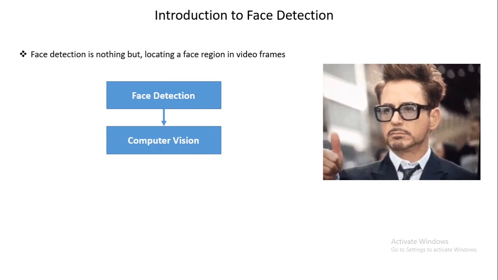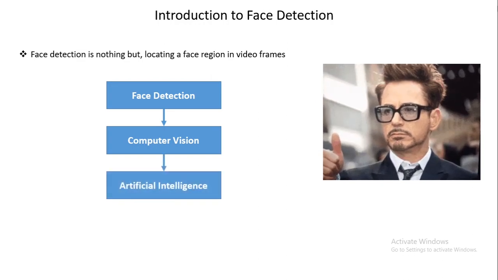For example, if you build an AI program which detects faces or which detects a certain object such as a laptop or mobile phone, that goes under the category of computer vision projects. Okay guys, computer vision is a subset of artificial intelligence.